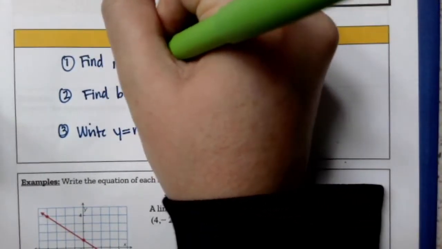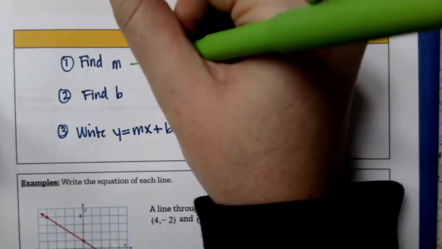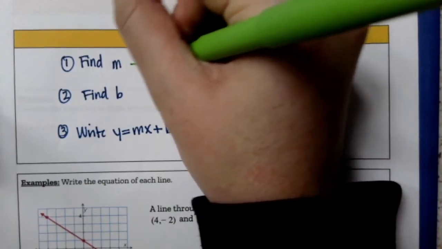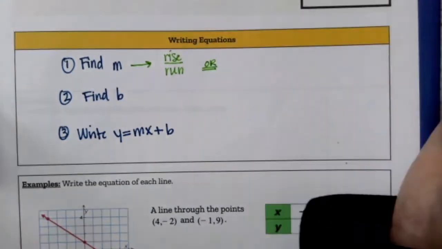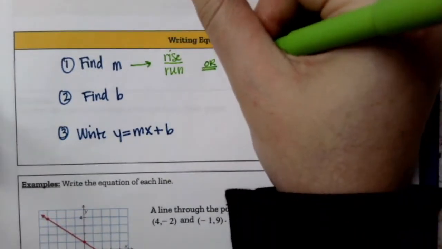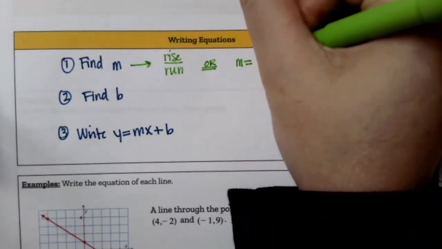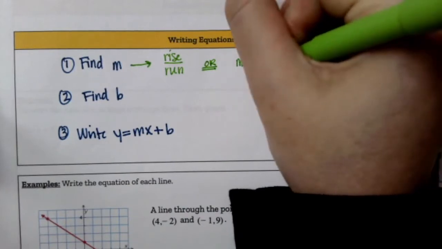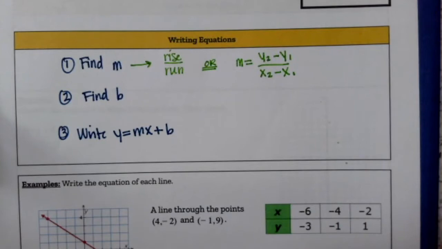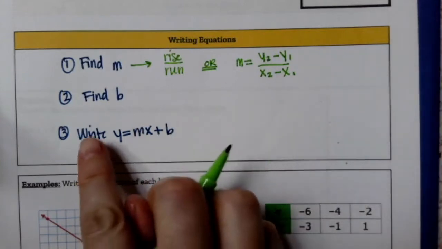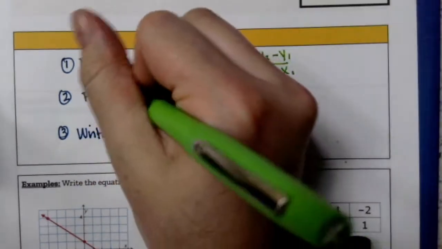So depending on your info, you have two choices for how to find m. You can do rise over run, if you have a graph, or you can do the slope formula. You also have two choices for how to find b.